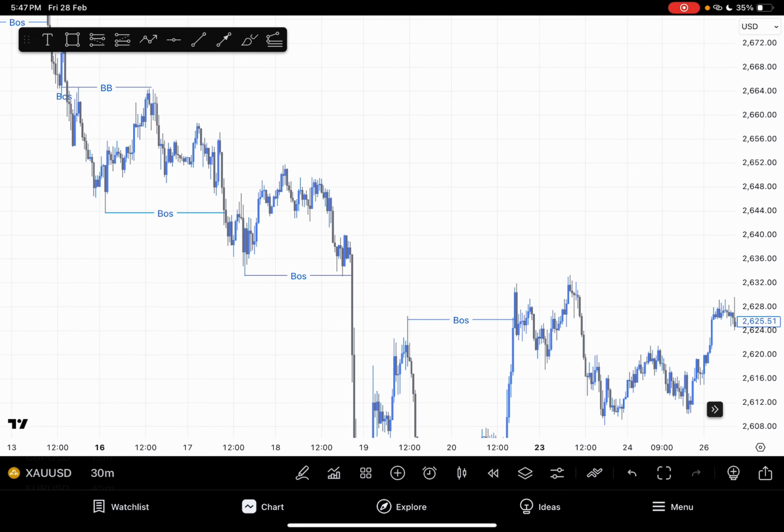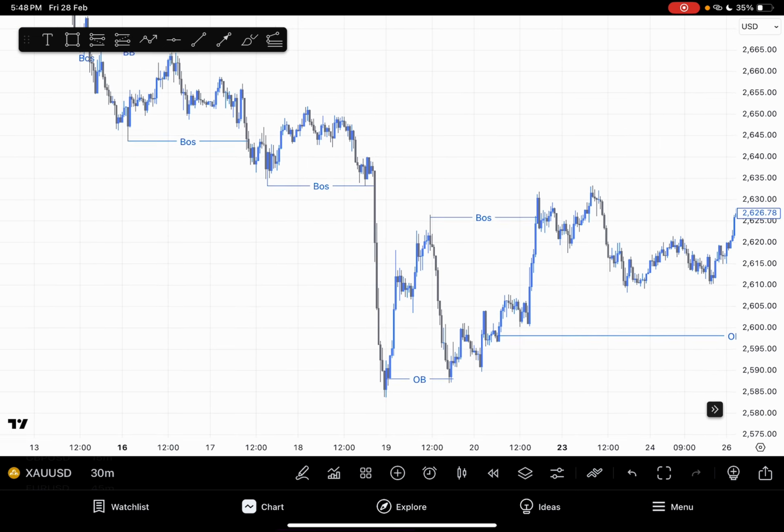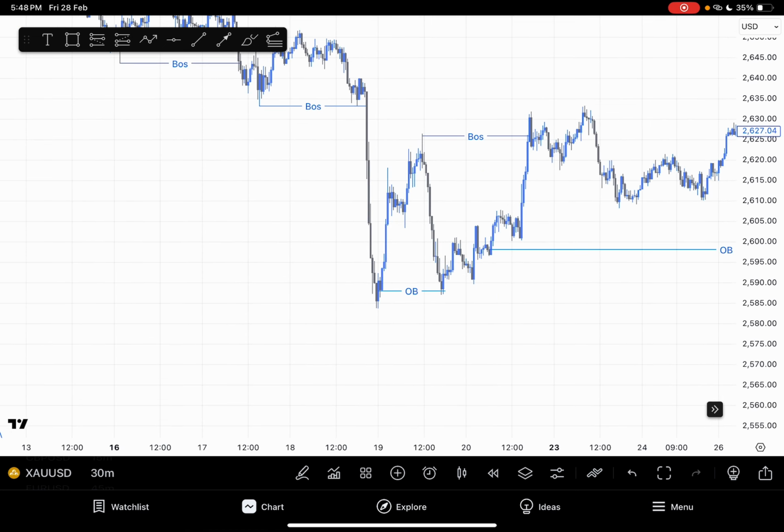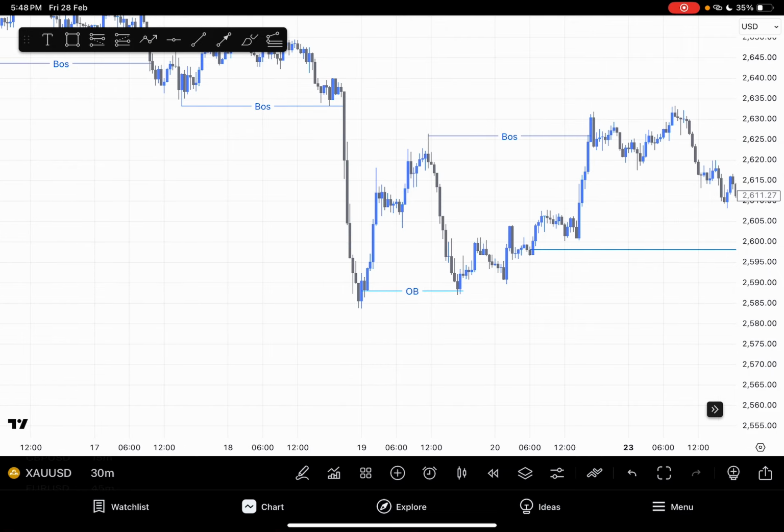So the only time you can see gold use an order block is mostly when gold creates a market structure shift or a change of character. That's the most cases you can see gold use an order block. But if you see gold creating break of structures, there's a high probability for gold to use just the breaker block. So you see that price created another break of structure there.